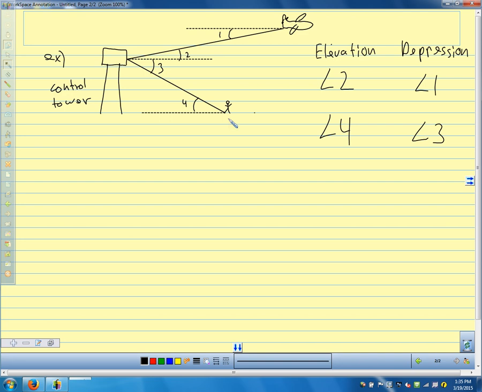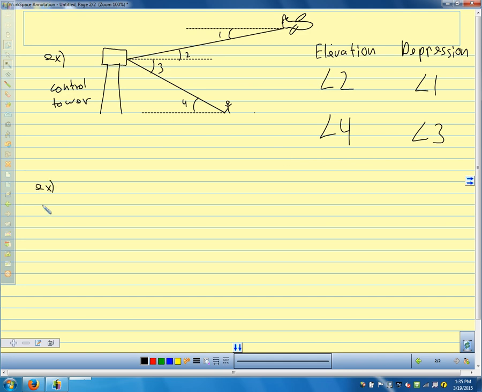So that's how we would see these described. So what I want to do next is set up a couple of problems using angle of elevation, angle of depression, just to see how you would see them in a word problem.